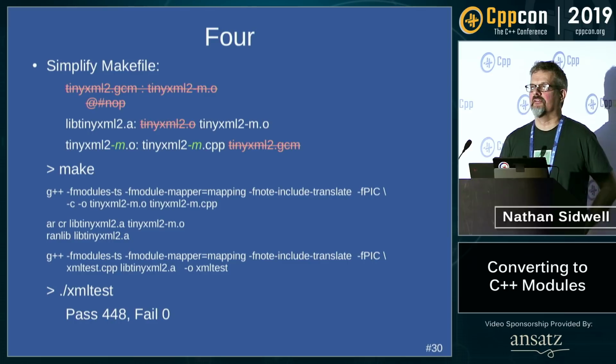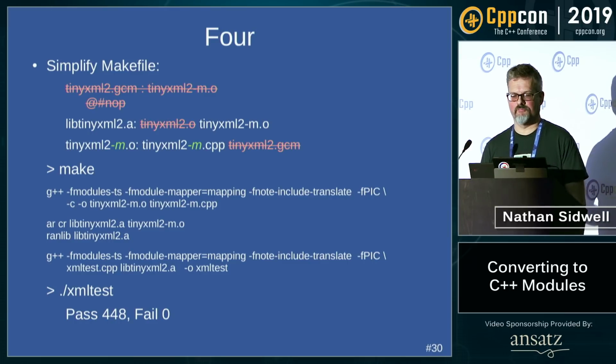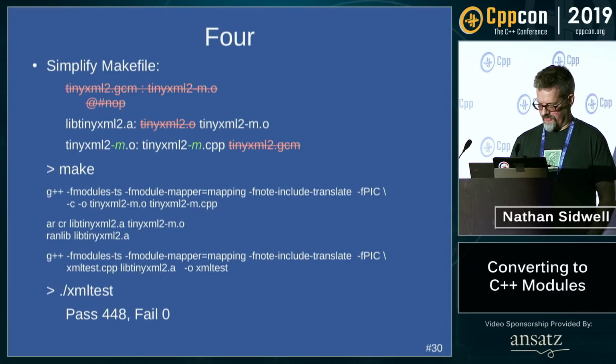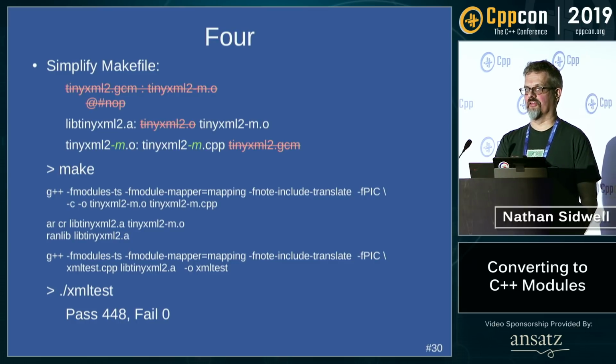Yeah, so you dropped the explicit dependency on the BMI or CMI because you're just relying on it getting emitted, and having an implicit name? Like the name of the GCM is based on the name of the .o? Yes, I've explicitly done that in the mapping file.